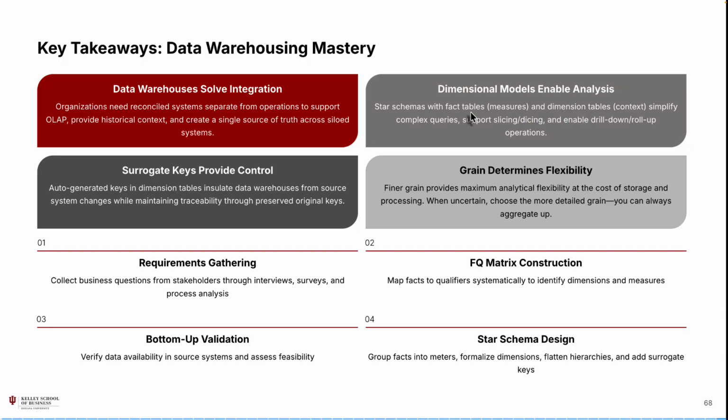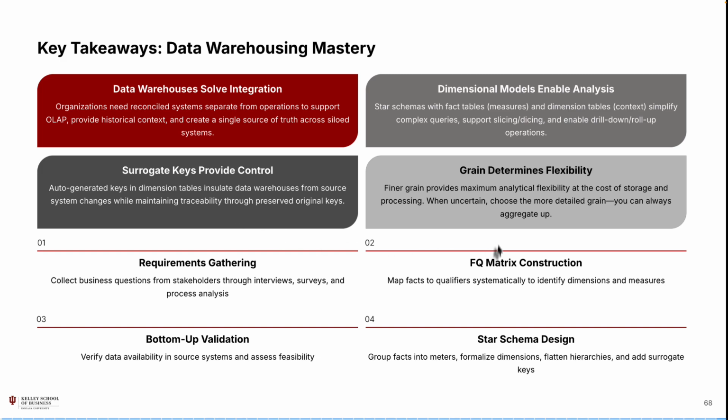The Star Schema simplifies querying and enables seamless operations like slicing and dicing and drilling down and rolling up. And the surrogate keys that we use in the dimensional model provide control for us. These are auto-generated keys that can insulate our data warehouse from chaotic source system changes.